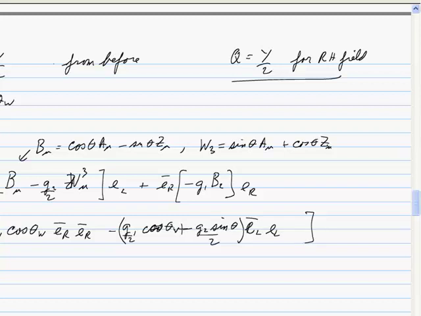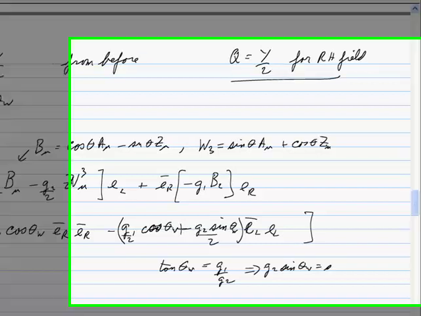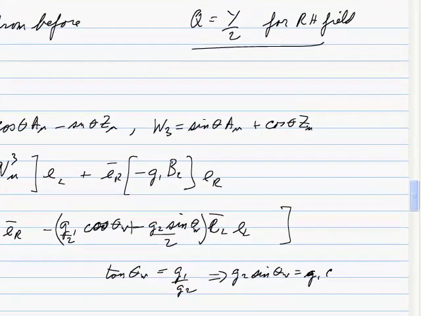Okay. Now, the tangent of the Weinberg angle, of this weak angle, is G1 over G2. So it says that G2 sine theta W is G1 cosine theta W, right?